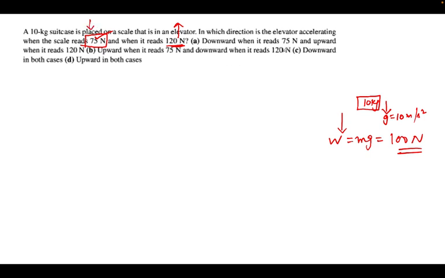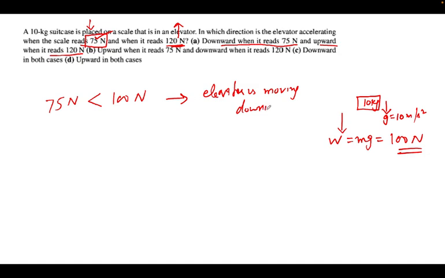So we can generalize from here: the elevator is moving downward when it reads 75 Newton, and the elevator is moving upward when it reads 120 Newton. 75 Newton is less than 100 Newton, in which case the elevator is moving downward.